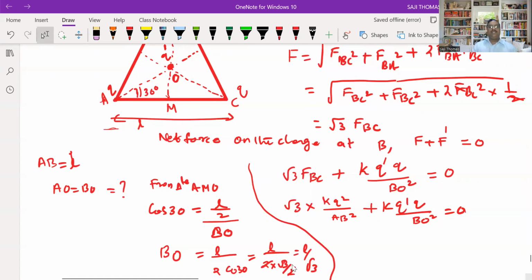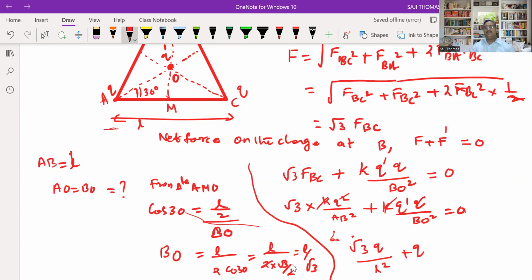So we can put this in the equation. You can cut the K from all of it, and one charge also, small q. What is remaining? Root 3 q divided by L square, plus q dash divided by BO, which is L by root 3, the whole square, equals 0.